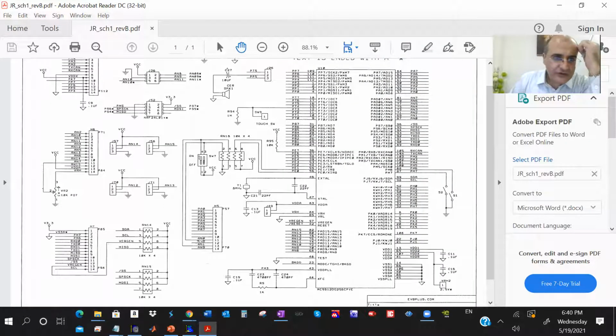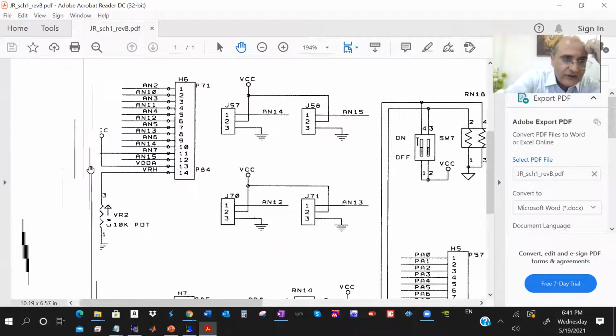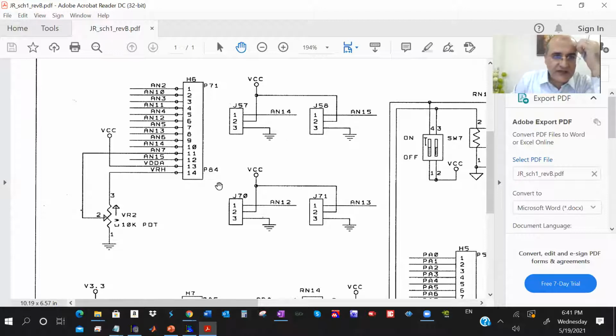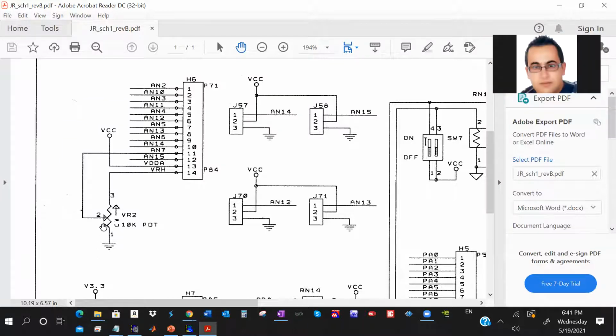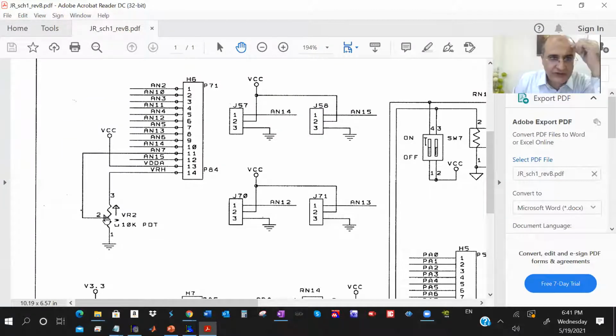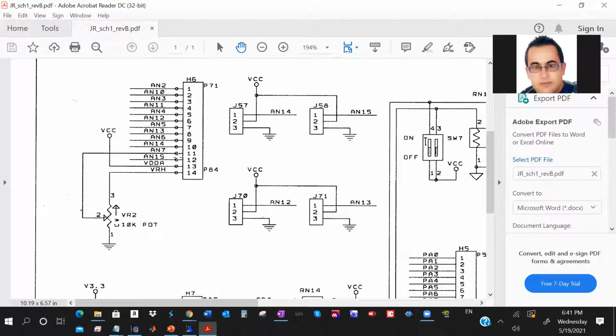Okay, do you see the LDR? What is this one? Here are the analog ports. See? This is AN7. Mustafa, are you still here? This is the potentiometer. See? Just like when we connected it, connected to analog 7. Now, analog 4, where is analog 4?